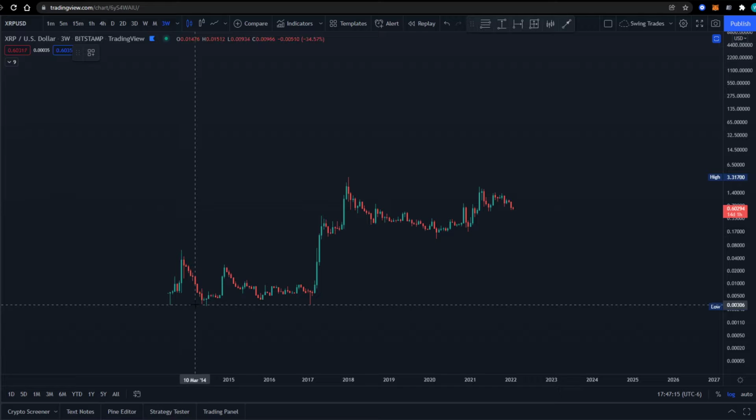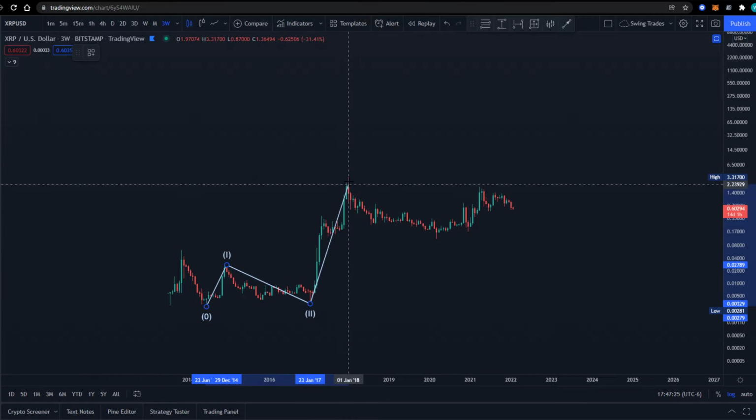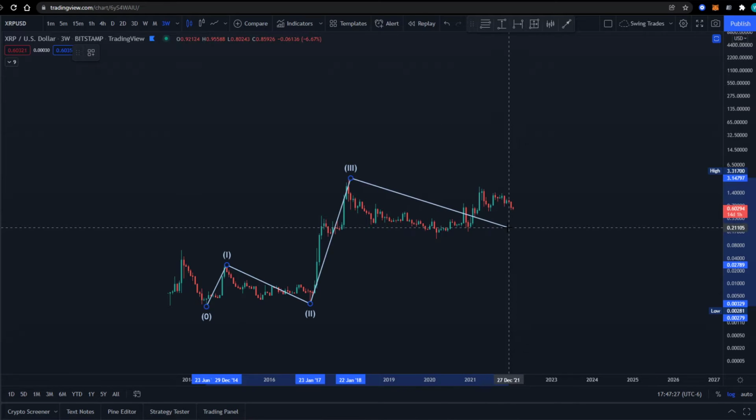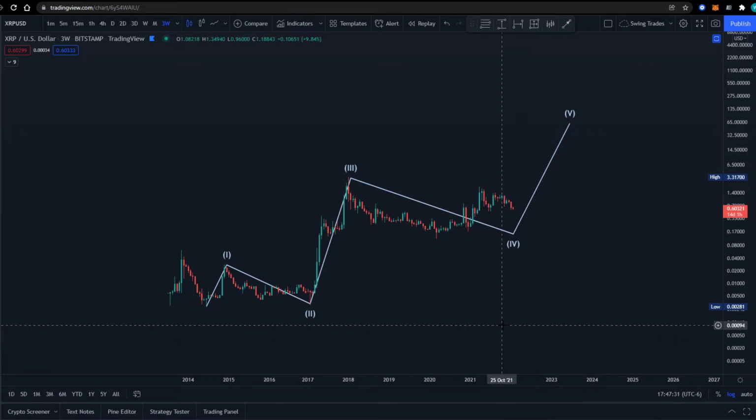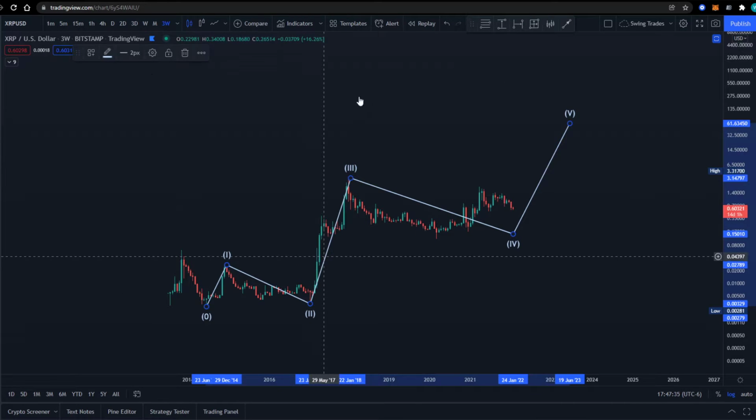So in that macro perspective that I've seen, I would say maybe we got 1, 2, 3, 4, then 5. I don't know about that. That looks a little crazy to me.